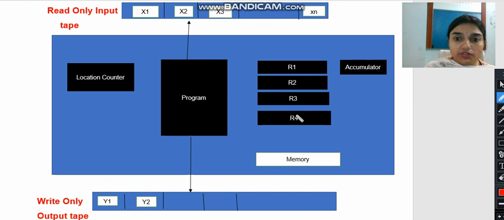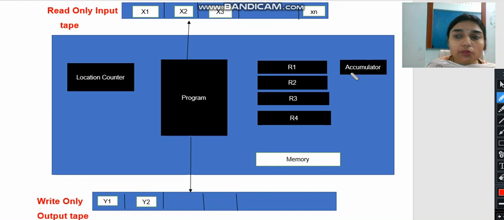Here we have a location counter, a program. These are the registers, and the accumulator. The accumulator is the register where the computation takes place. Here the program is not stored in memory, and also it cannot be modified.